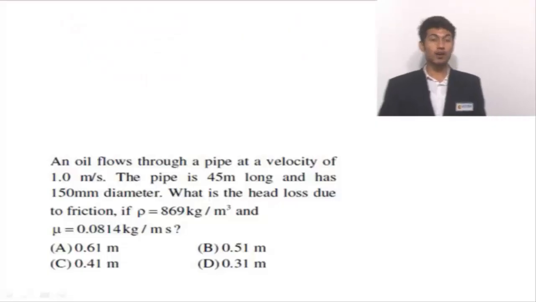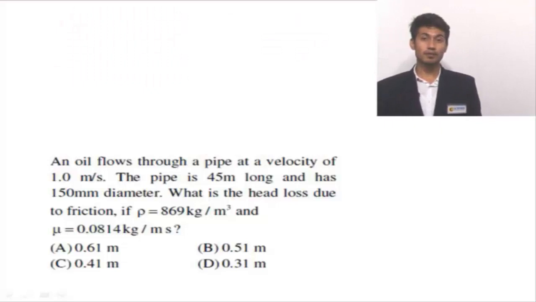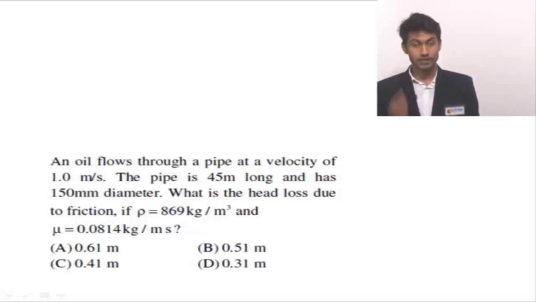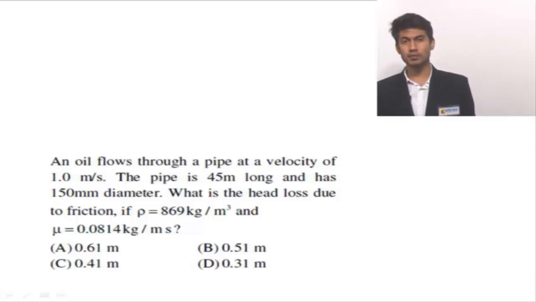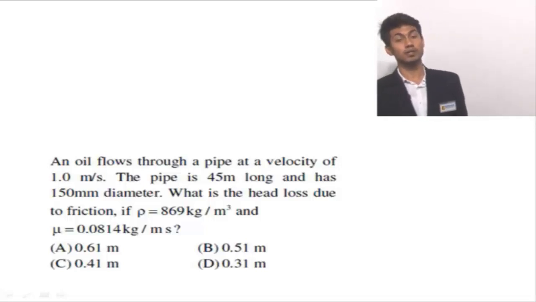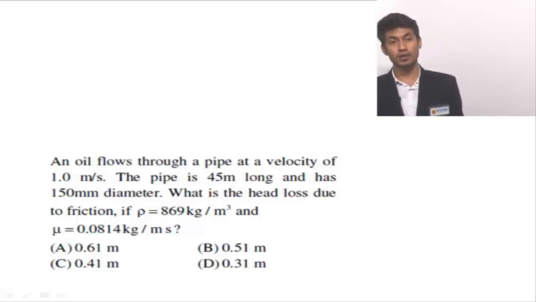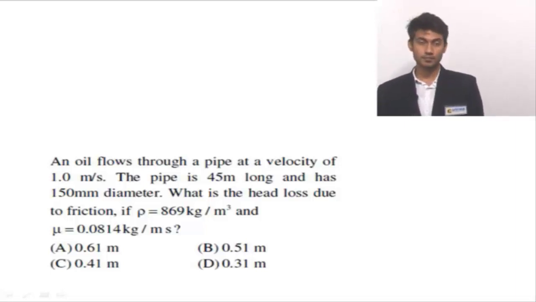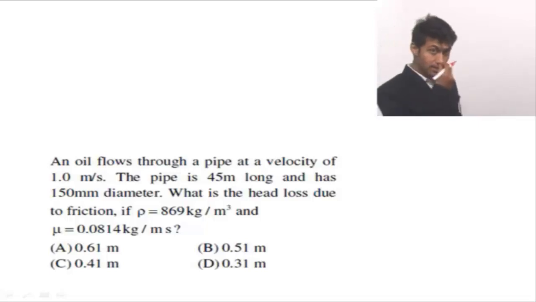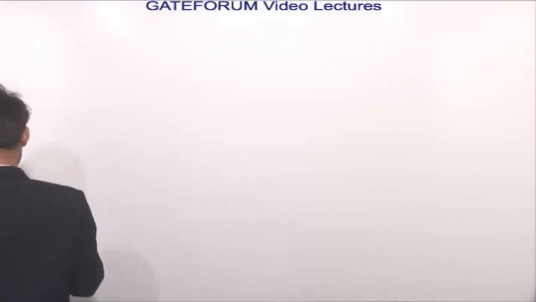The question is, an oil flows through a pipe at a velocity of 1 meter per second. The pipe is 45 meter long and has 150 mm diameter. What is the head loss due to friction? If rho, density of oil, is given as 869 kg per meter cube, and mu, that is viscosity, is 0.0814 kilogram per meter second. So the question is quite calculative.